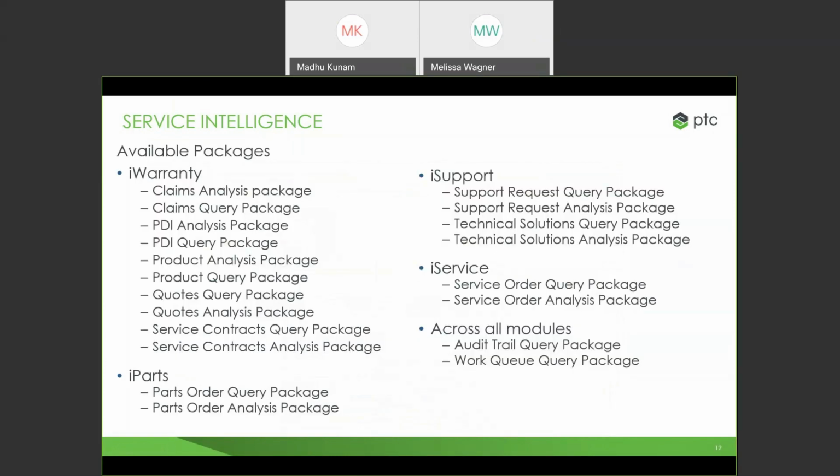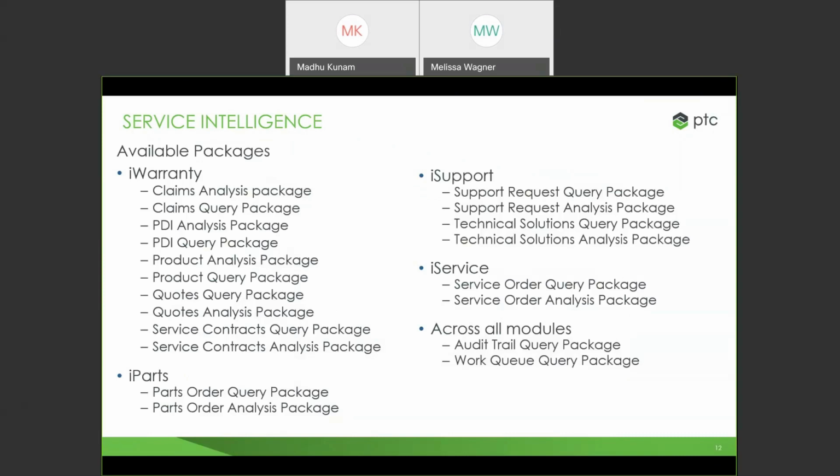Coming to Service Intelligence, these are all the available packages. The packages include claims, PDI, product, as well as code pertaining to the iWarranty module. When it comes to iParts, we have the parts service query package and analysis package. We also support ticketing, which we call the ticketing module, with a support request query package as well as an analysis package.